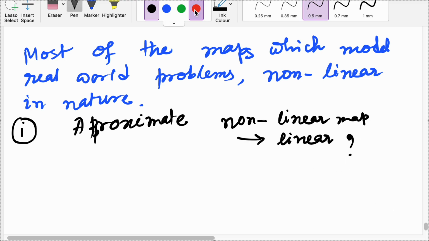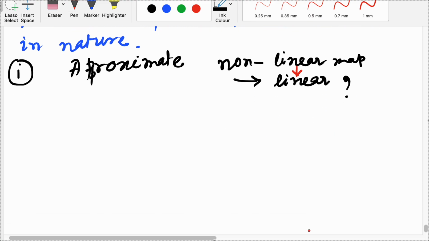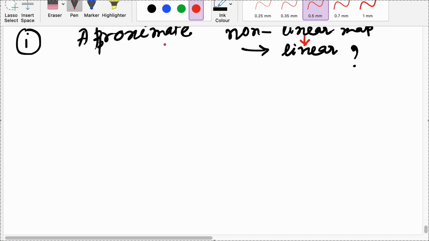And since we can approximate the non-linear map through a linear map, the non-linear map's dynamics will be closely approximated by the dynamics of the linear map. That is basically what we want to see in this class.